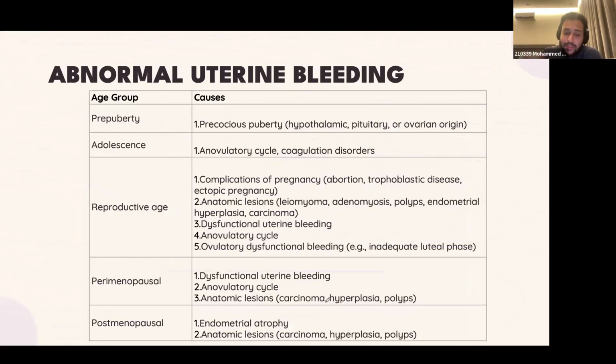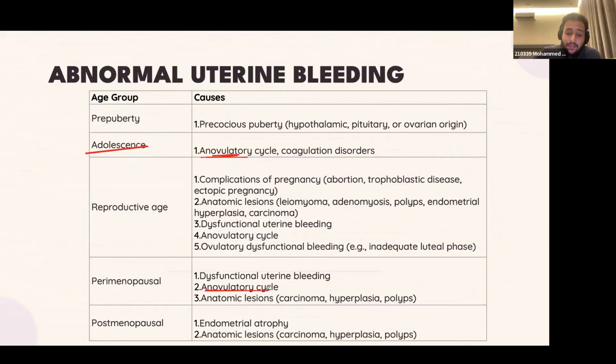Now, in terms of when does it happen, this is very important. Obviously, adolescent age, the most important cause is anovulation, and you will get a question on this. Okay, you will get a question on this. Someone who's around, let's just say 16 to 19 years of age, coming to you with abnormal uterine bleeding, what's the cause? Anovulation because of menarche. Okay. Then reproductive age is a lot of other stuff.